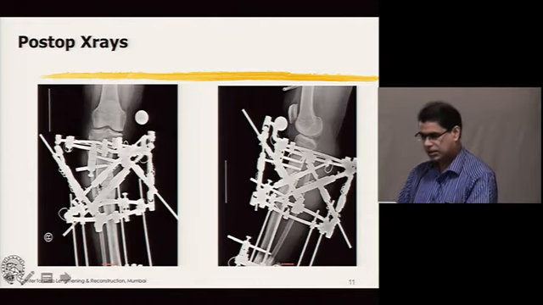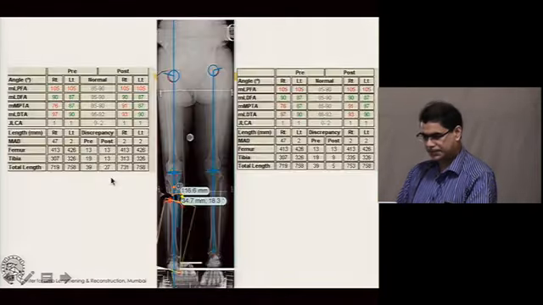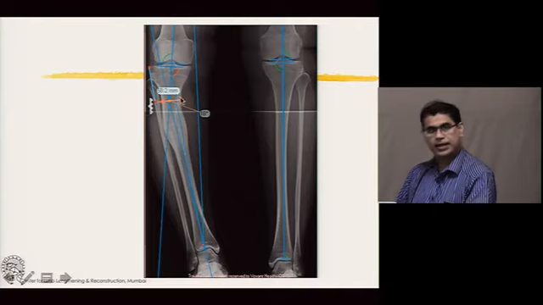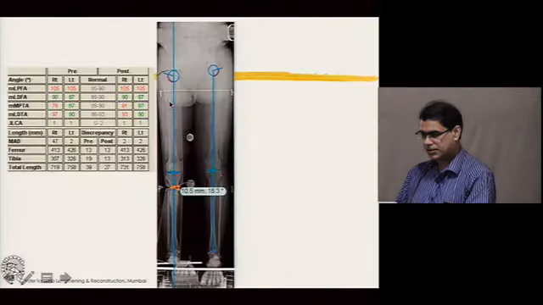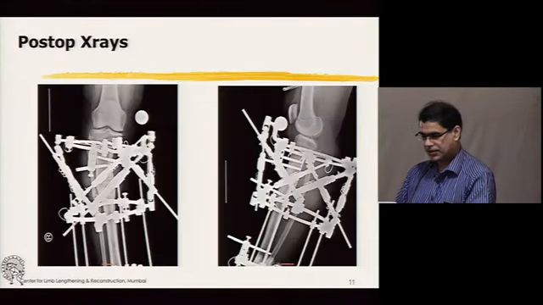Yeah, so that's where the osteotomy has been done. If we go back to our planning, the osteotomy was planned a little higher, but because of this shank screw, so that we could get adequate fixation in the proximal fragment, the osteotomy could not be done here.